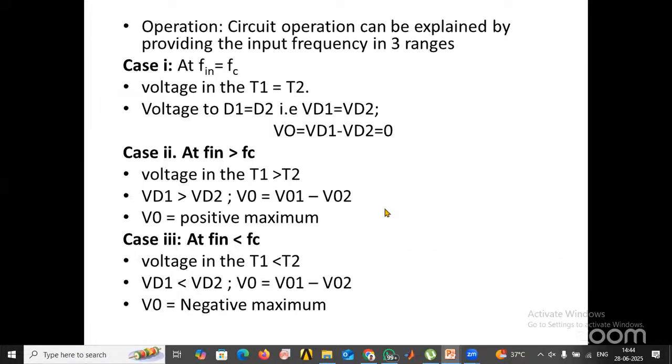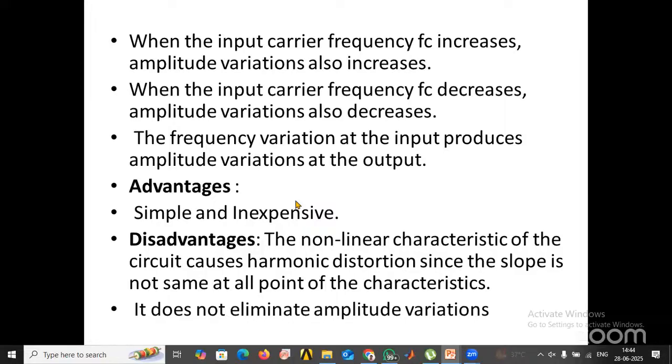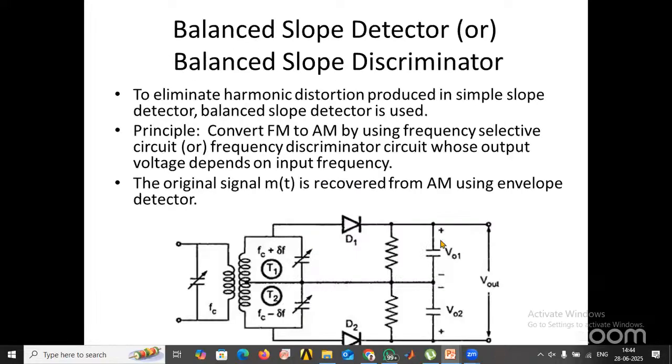So this is the scenario. Fc is equal to F in, then the output is 0. F in is greater than Fc, output is V01 minus V02. This is V01, this is V02. If F in is greater than Fc, then the difference will be the output.